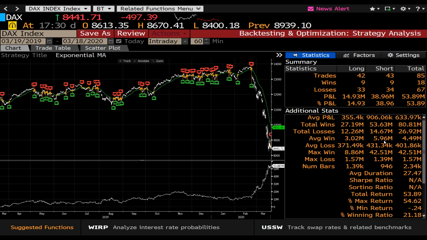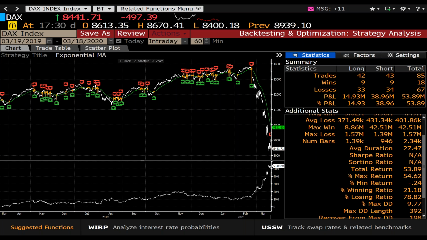Similarly, on the short side, my average win is 5.96 million, average loss is 431,000. So I know that this strategy is really good and it works really great. And the other important thing is that the maximum drawdown ratio is only 9% of your portfolio. This is how good this particular strategy is.